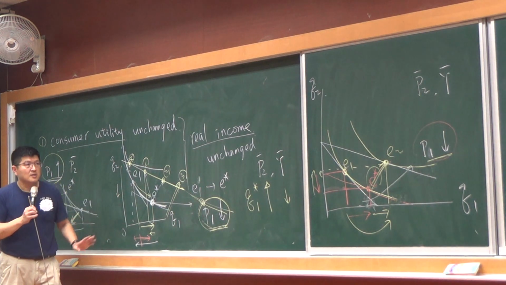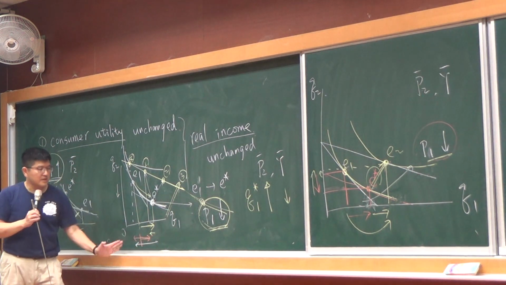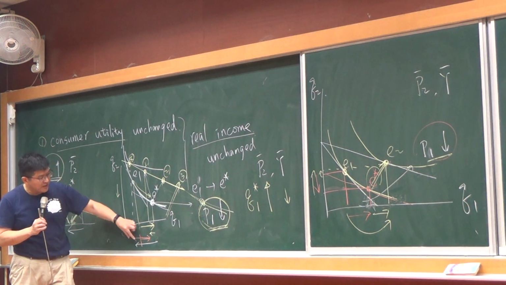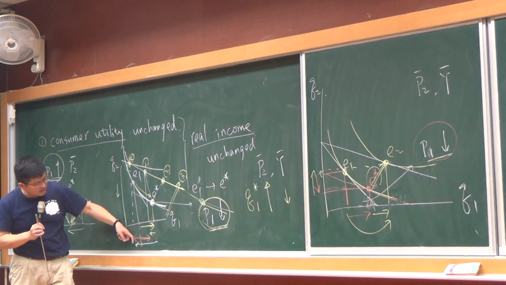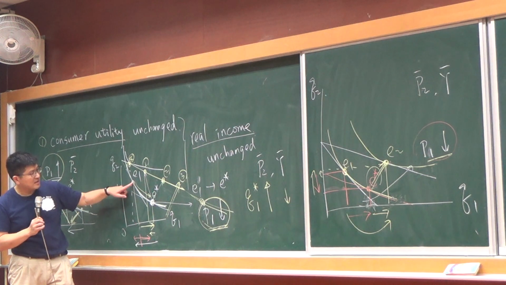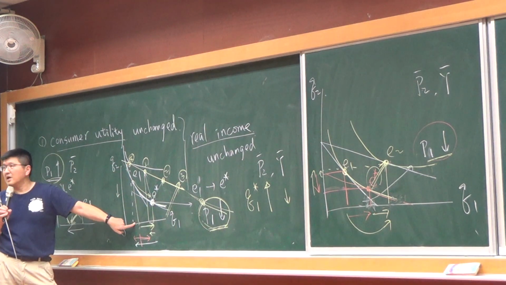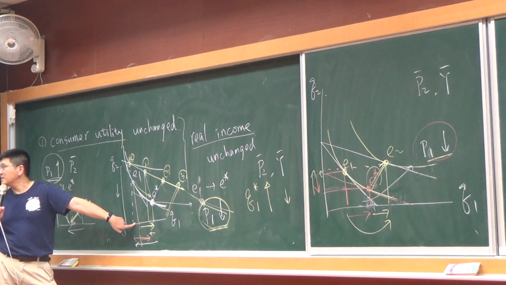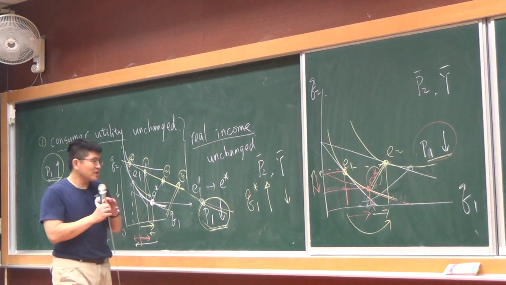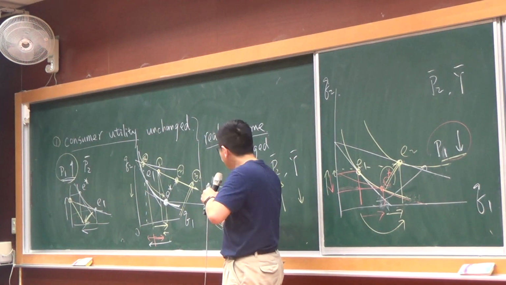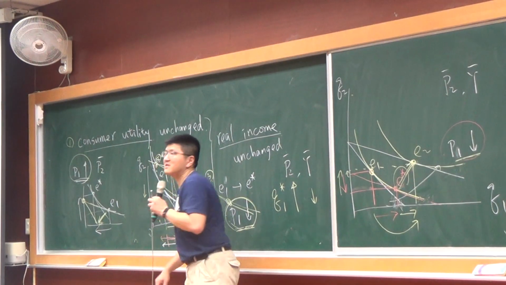Okay? So in this case, you will see the final result, the price effect, will make a smaller consumption on good one, right? And it's interesting because you got something cheaper. Your price is lower, but you consume less.